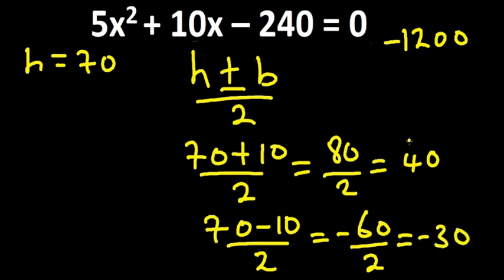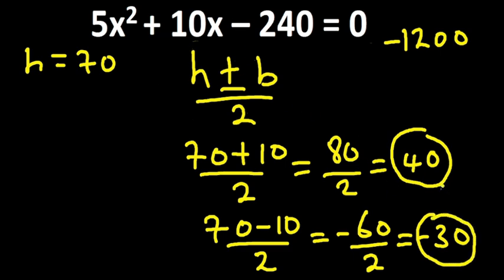So these are the factors of negative 1200 that will sum up to give us 10. If you add negative 30 to 40, you're going to get 10. And if you multiply 40 by negative 30, you're going to get negative 1200. So this is very precise and quick, instead of doing trial and error and wasting lots of time trying to get the factors that will give you the b.